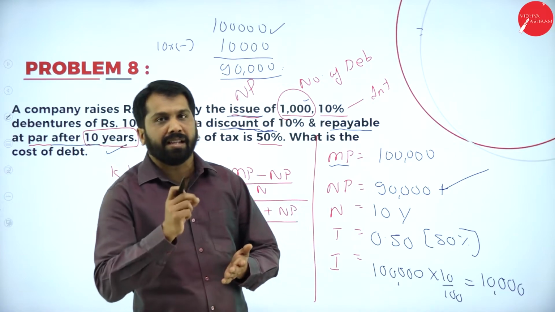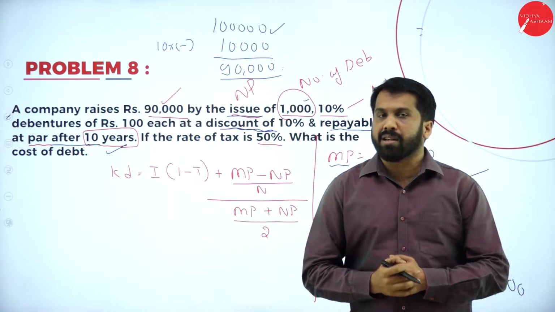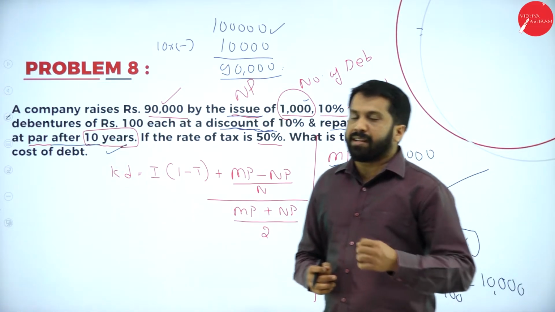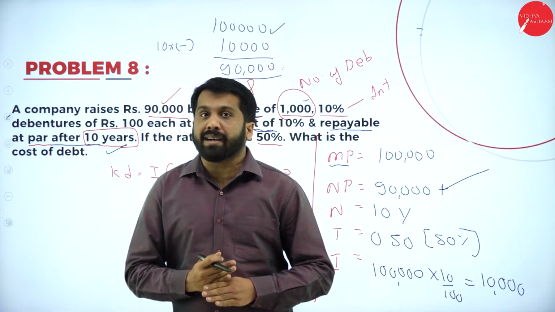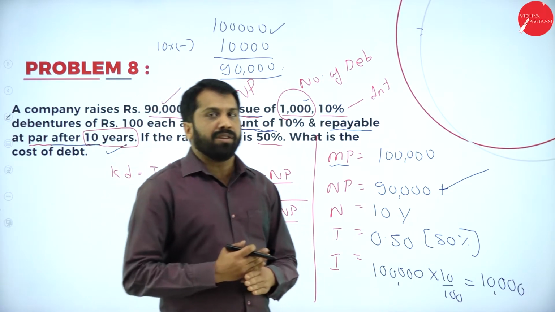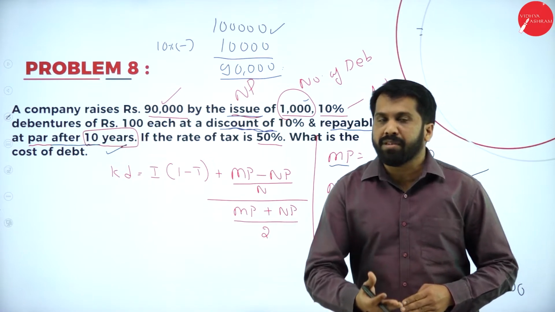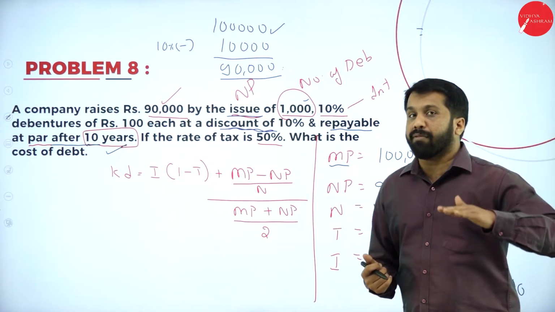In the certificate, I'll give you that debenture is 1 lakh. It is called issuing at discount. I'm collecting 90,000, but I'm giving certificate for 1 lakh. It is nothing but issuing at discount. If I'm issuing certificate of 1 lakh and collecting 1 lakh 10,000, what is that? Premium. Now, this problem talks about discount. That's why we have reduced.